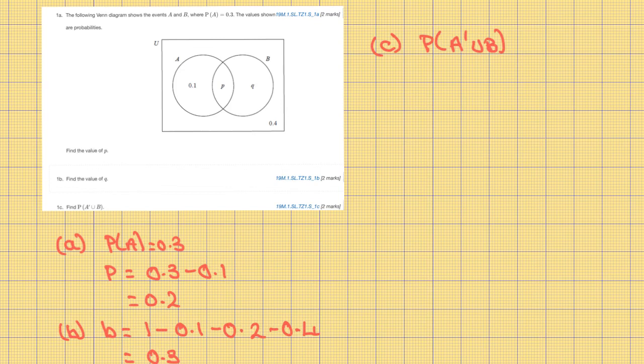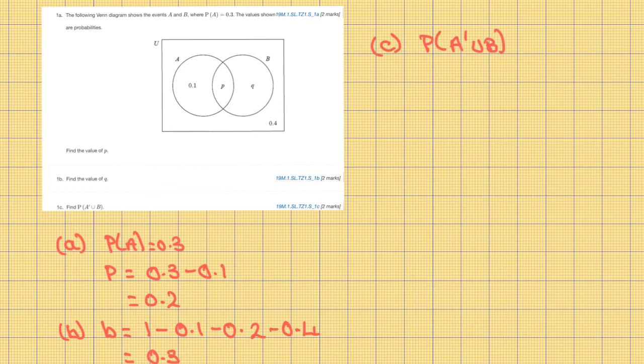So let's draw a little diagram or shade in what they mean. Let's draw a little diagram to represent the probability of not A union B. So it's everything that is not in A, which is here, unioned with everything that is in B. So it is everything except this little part here.